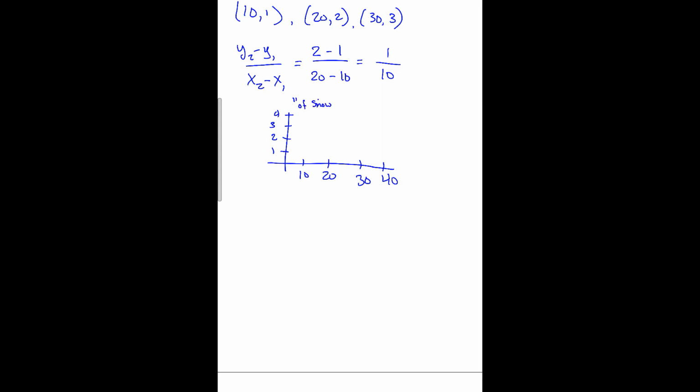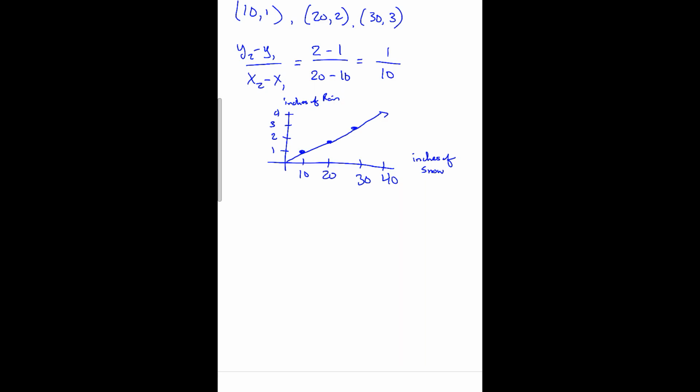And this is, I got it backwards, inches of rain. Inches of snow. So they give us these ordered pairs. So there's 1, there's 2, and then there is 3. Okay, so the line that they give us approximately looks like this. Something like that. So we got the slope, but they don't specify what the y-intercept is.